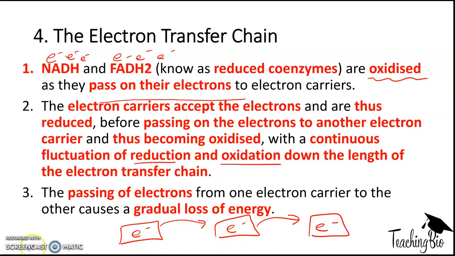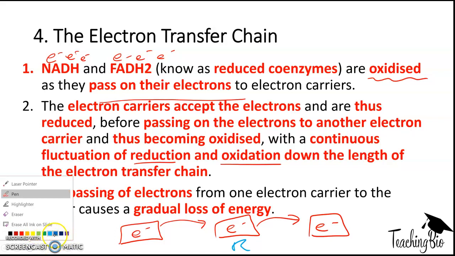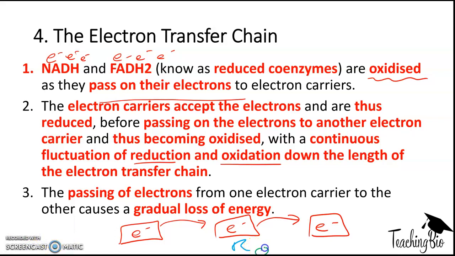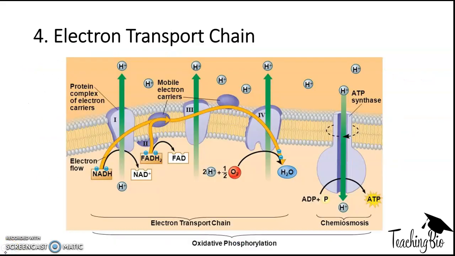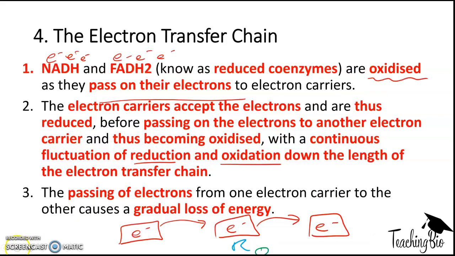So the moment it gains the electrons, it will obviously become reduced, and then the moment it loses the electrons, the same compound will be oxidized, and then the process will repeat as we go along. As the electrons are transferred from one electron carrier to another, there is the gradual loss of energy. So again, if we look back at this picture here, this is what I'm talking about, electron flow. They move on to these mobile electron carriers, and then energy is lost from here.